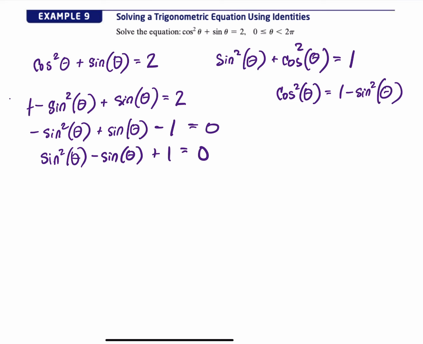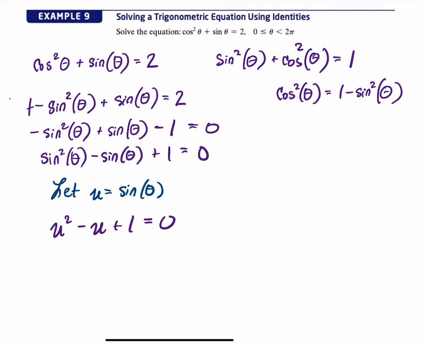Here it's useful to view this as a substitution. I'll say let u equal the sine of theta. So then we can view this as u squared minus u plus 1 equals 0. Since we can't factor this normally, let's use the quadratic equation.